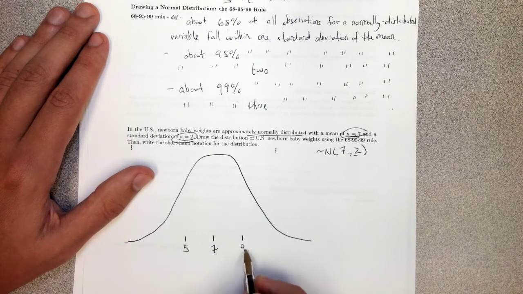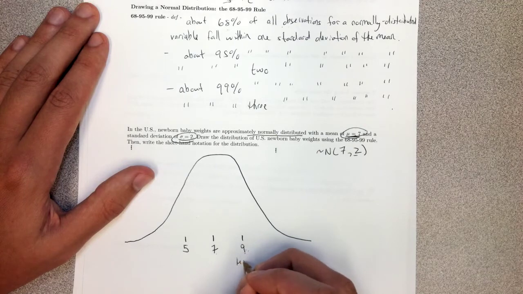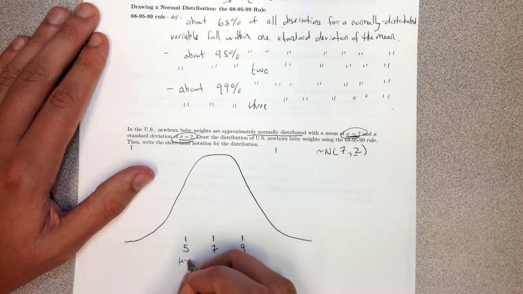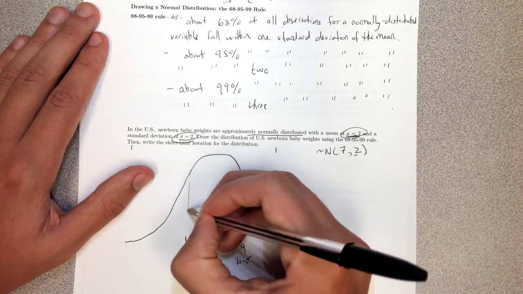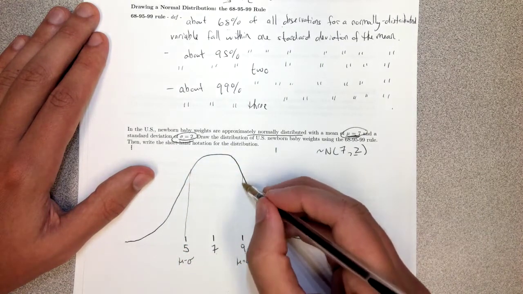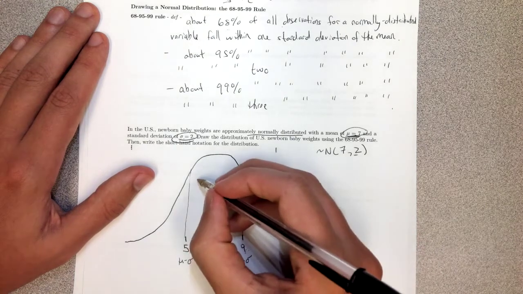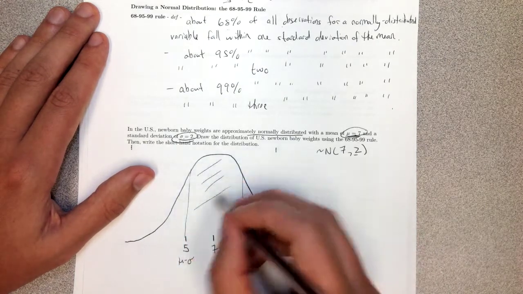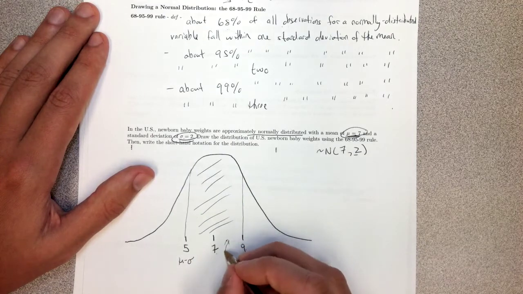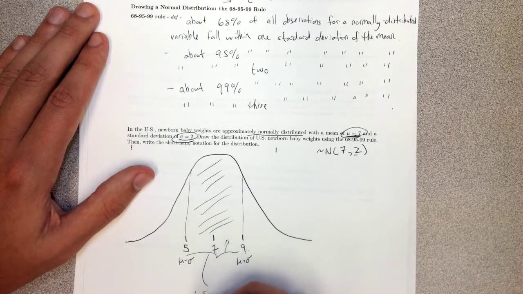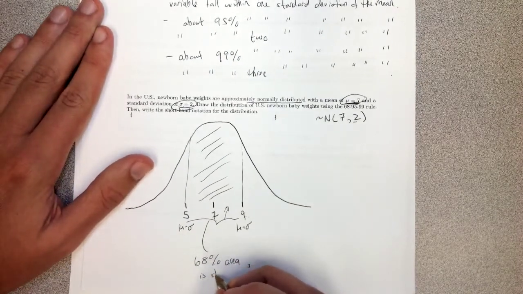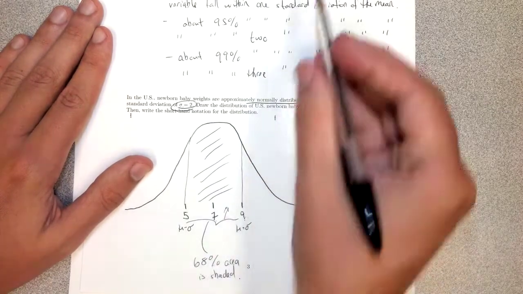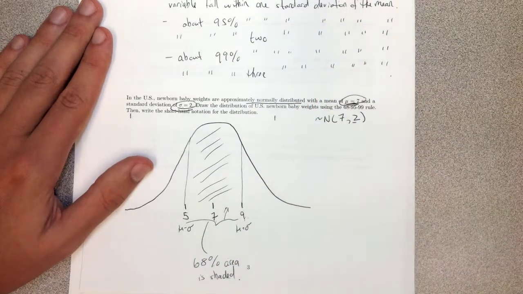So I'm adding a standard deviation and I'm subtracting 1. If I did my drawing correctly, then our rule says that about 68% of that area should be shaded according to this rule.